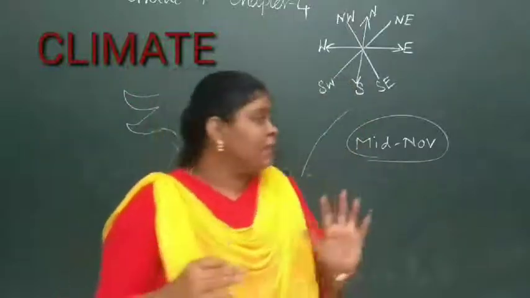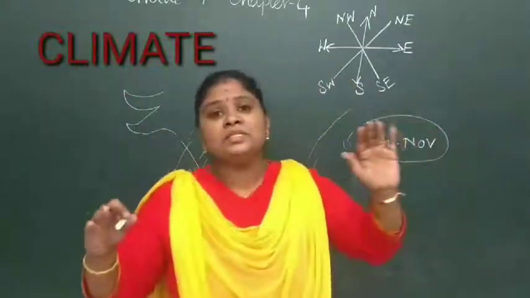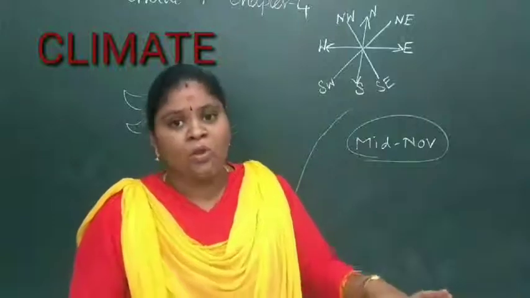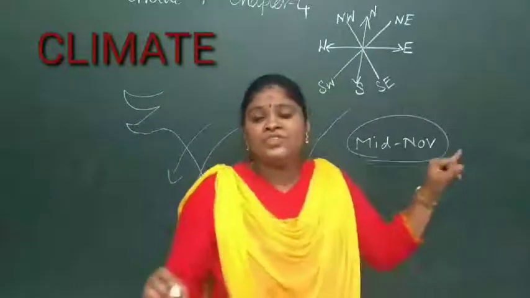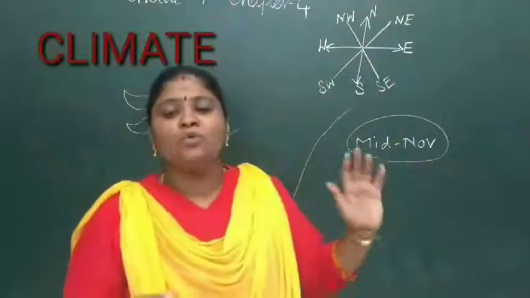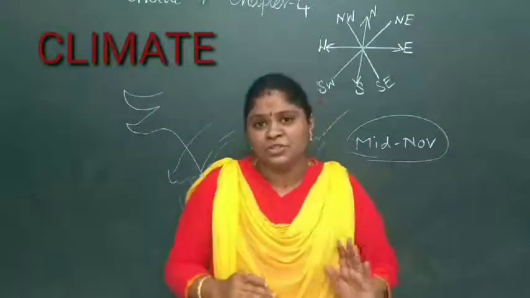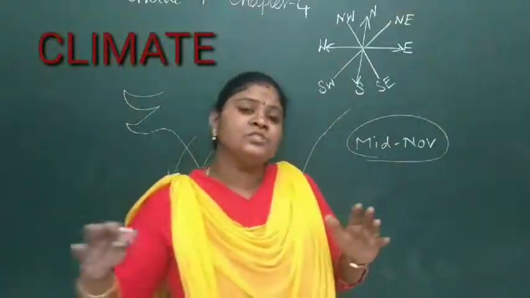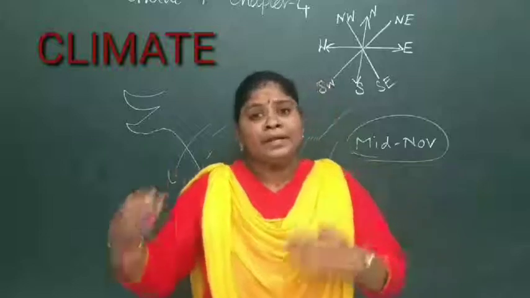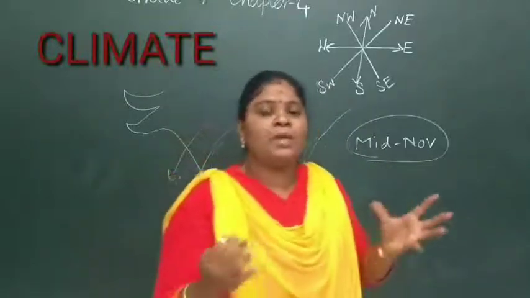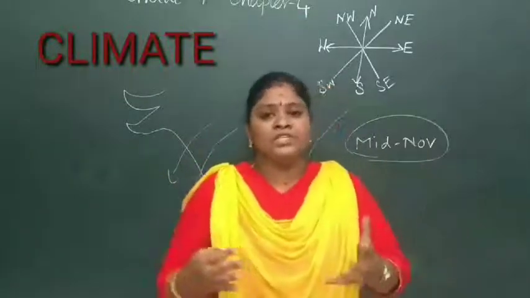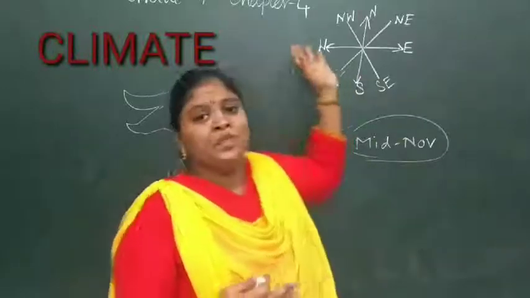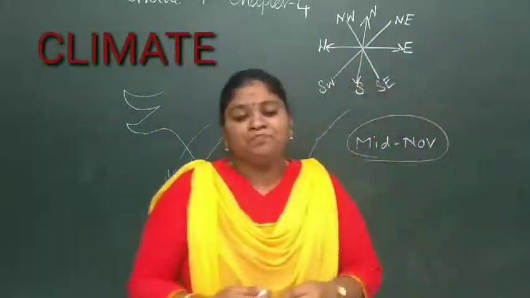In Chennai the temperature will be around 24 to 25 degrees Celsius. In the northern region, the range will be around 15 to 10 degrees Celsius. That is how the temperature of the northern region will be, that is Delhi, Jammu and Kashmir and those regions.